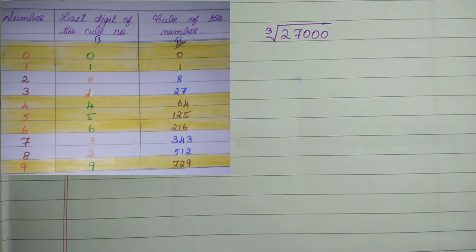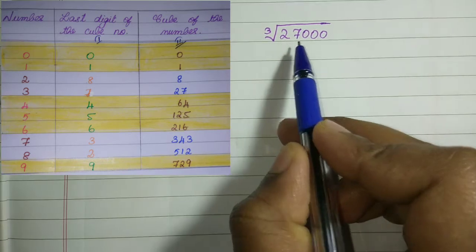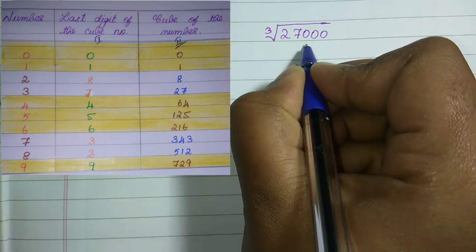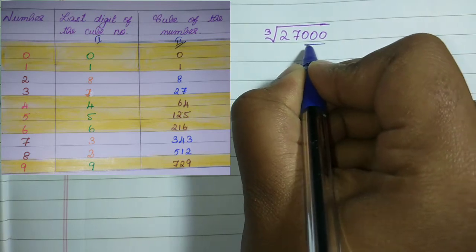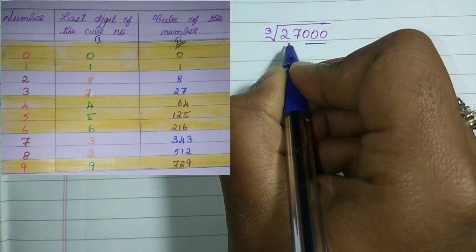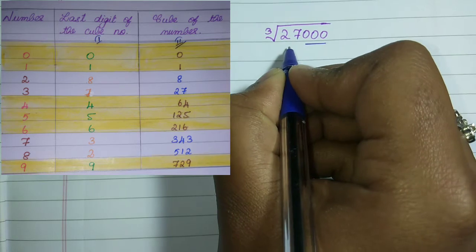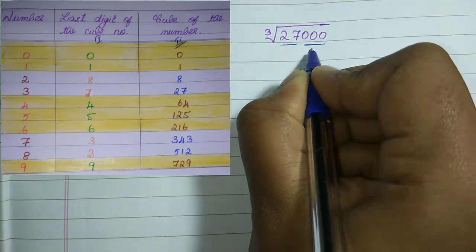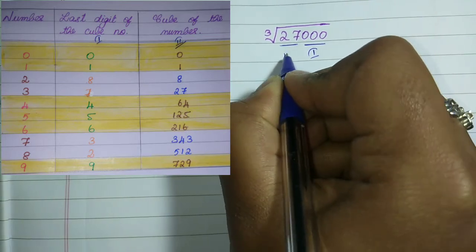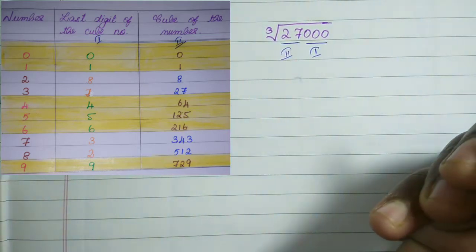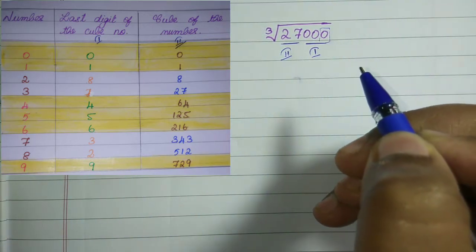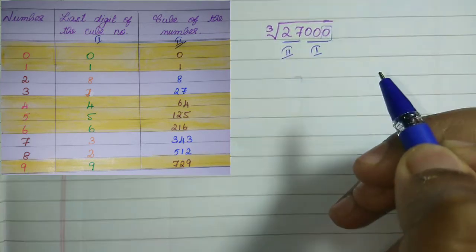Now let us see one more number, which is 27,000. As we did for the previous number, we pair the last 3 digits and the next 3 digits. Since I have only 2 digits, I will pair these two. Let me have this as part 1 and this as part 2. Now I have to check only this last digit. What is my last digit? 0.